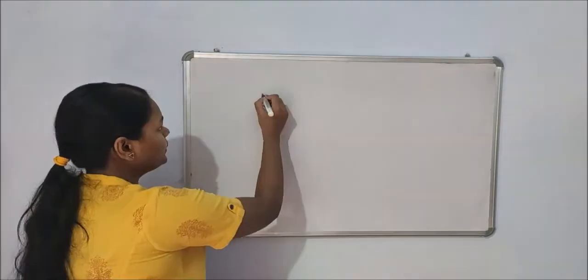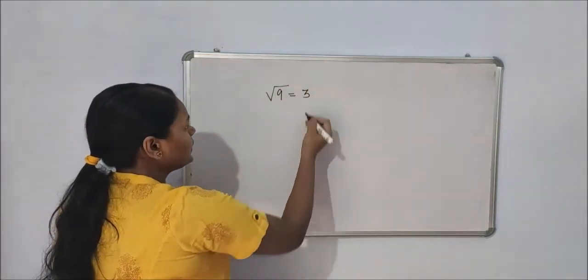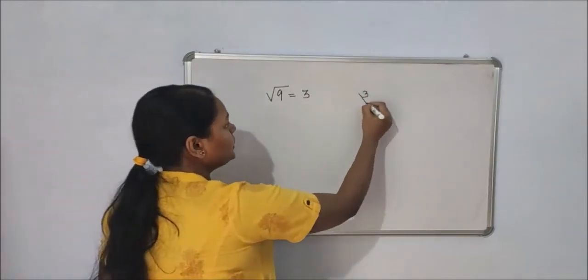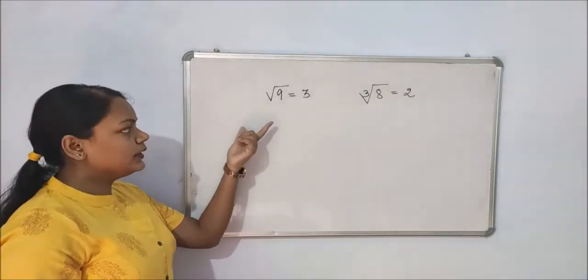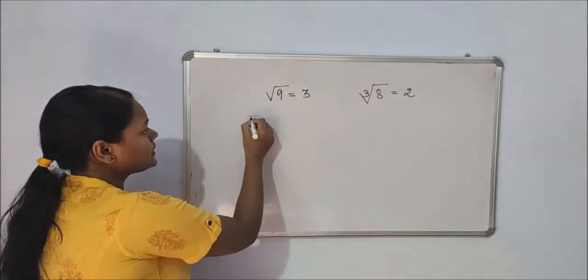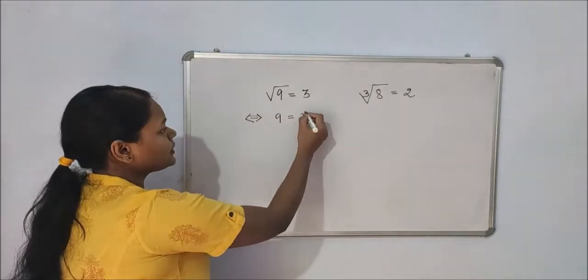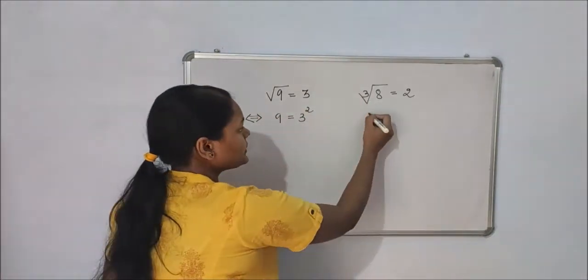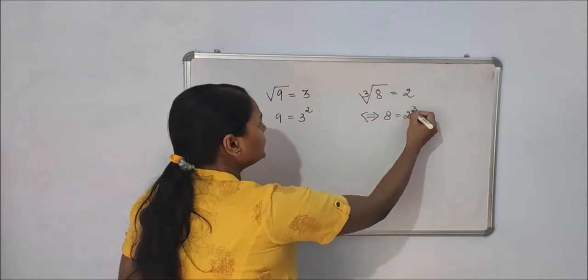We have already known that square root of 9 is 3. And say for example, cube root of 8 is 2. We have these values with us. This can be written as 9 is equal to 3 square and this can be written as 8 is equal to 2 cube.